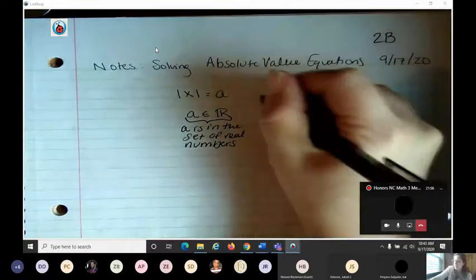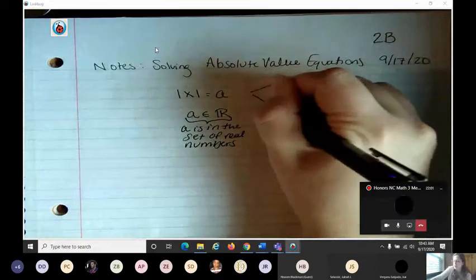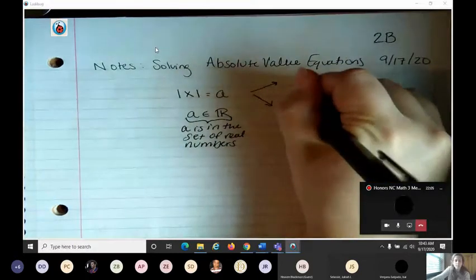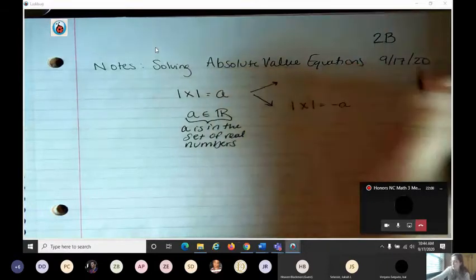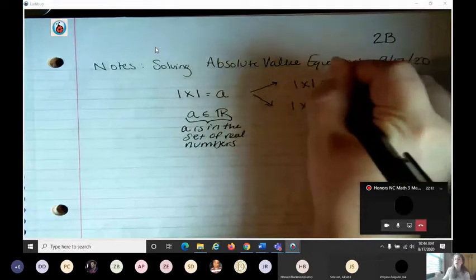So when we have an equation like this, it means two different things. We can have two scenarios happen. The absolute value of x can be equal to negative a, or the absolute value of x can be equal to positive a. There's two possibilities.